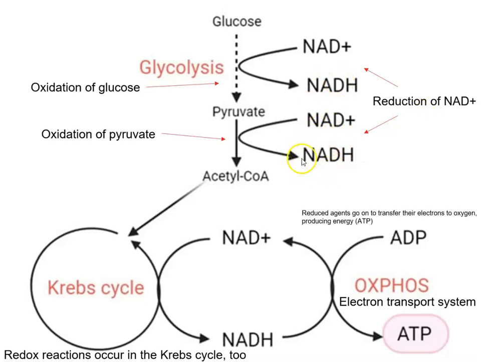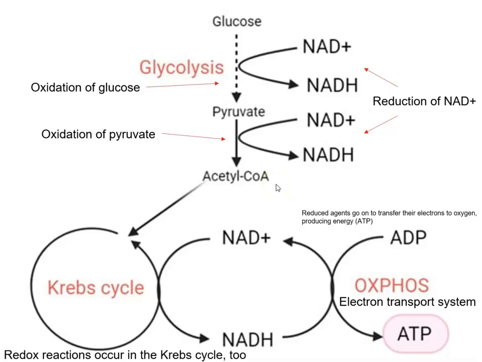And these molecules take that energy in the form of electrons, and they take it to the electron transport system. And what the electron transport system does is it takes those electrons and adds it to oxygen. And in doing so, it produces ATP from ADP.